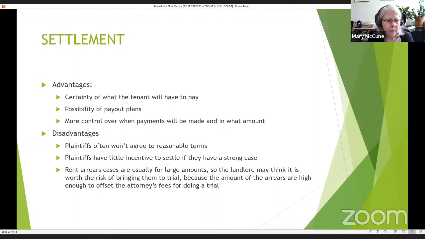I can go to trial and ask for attorney's fees, maybe, if your lease says they have a right to attorney's fees if they win a case against you. And because rent arrears cases are usually brought for fairly large amounts, because rent is so high, even a few months can add up, the landlord may think it's worth the risk of going to trial because the arrears are high enough to offset the attorney's fees they would have to pay for doing a trial.